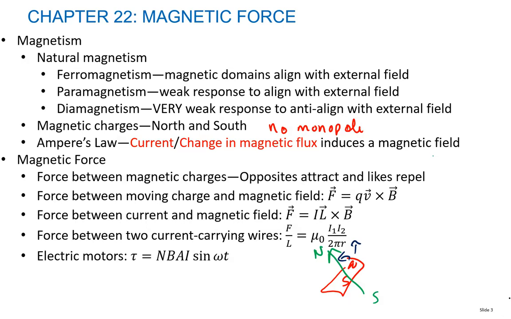So we have these 2 equations, and then this one that is simply derived from that. So we really only have 2 equations. This is the force between 2 parallel current carrying wires. The force for a charge moving in a magnetic field, force equals QV cross B.